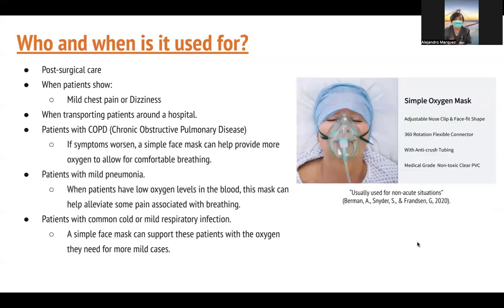Usually it's used for a good amount of reasons. One of the most common is post-op care. If a patient just came out of surgery, especially respiratory surgery, and they need the extra help of oxygen, it could be used. If a person comes in with chest pain, it also could be used. Whenever transporting patients around a hospital or facility, like if they're going to surgery, it could help.